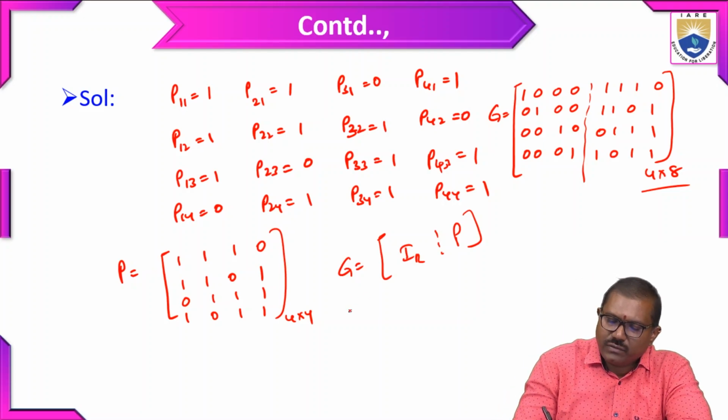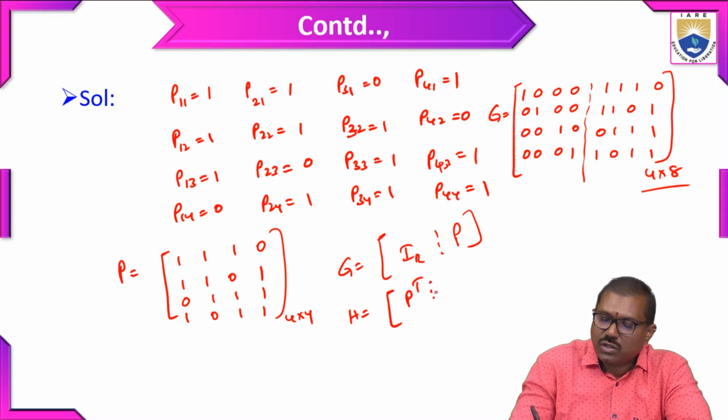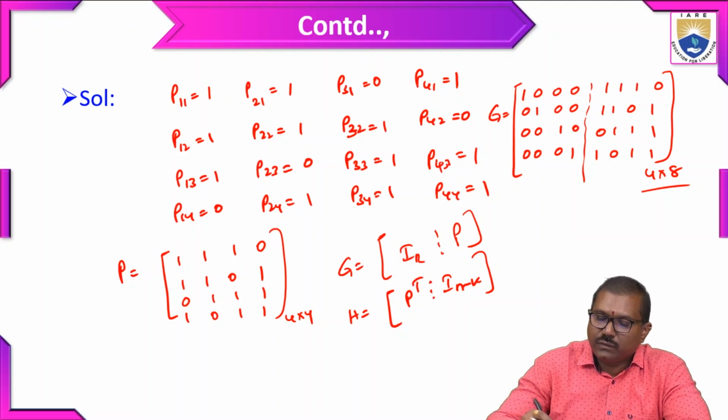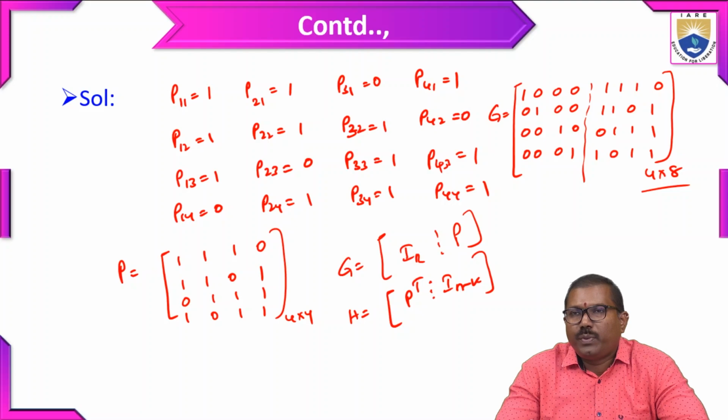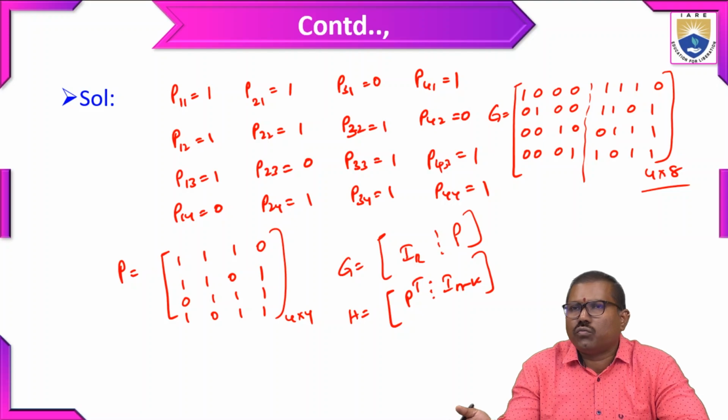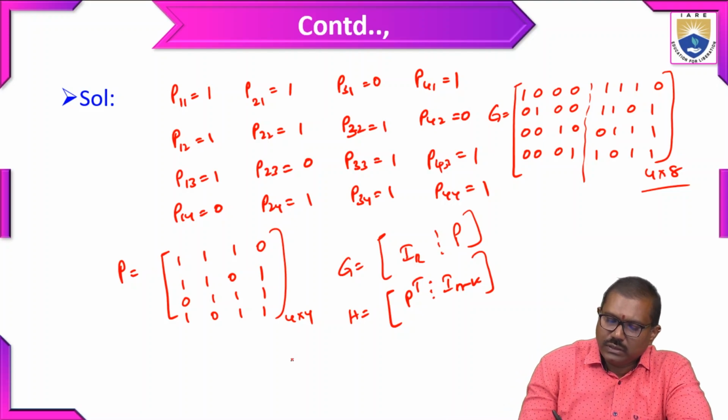Okay. And next one is [P transpose I_(n-k)]. This one. P transpose. Where in G, P is in normal form. But coming to the parity check matrix, this coefficient matrix goes to transpose. So the rows become columns, columns become rows. Okay. So here we are going to substitute this one also.